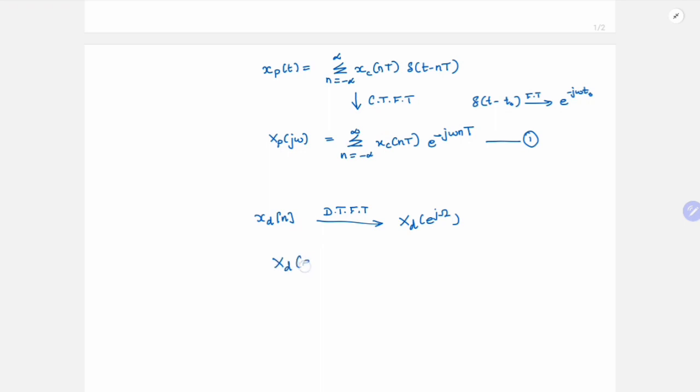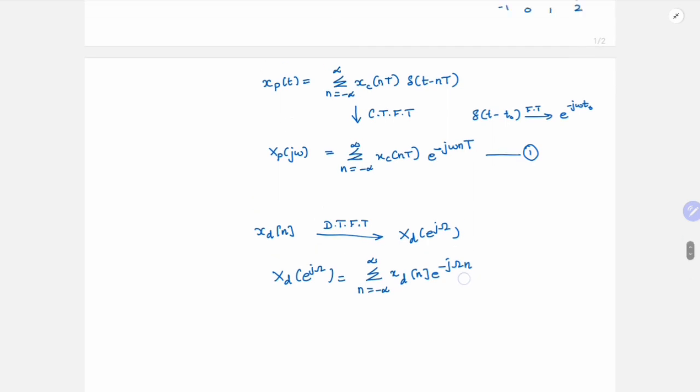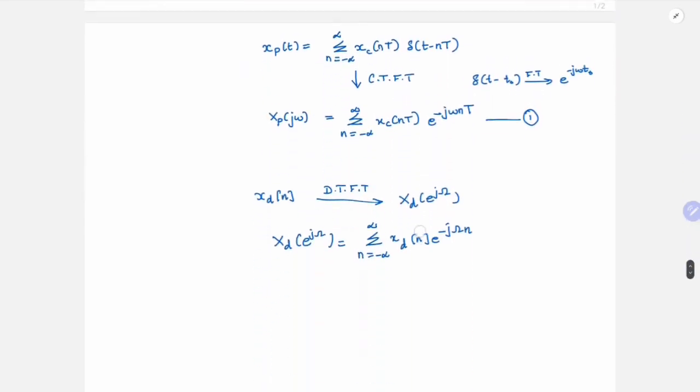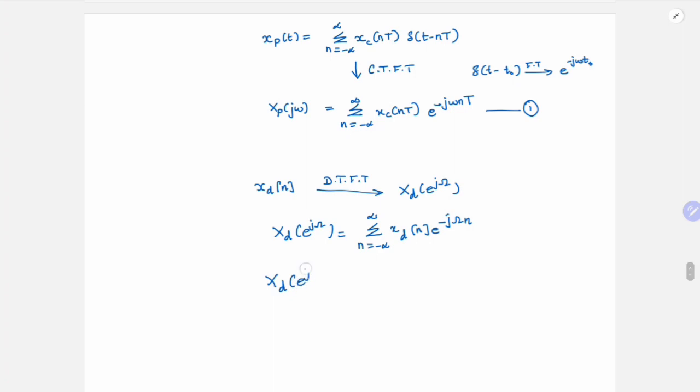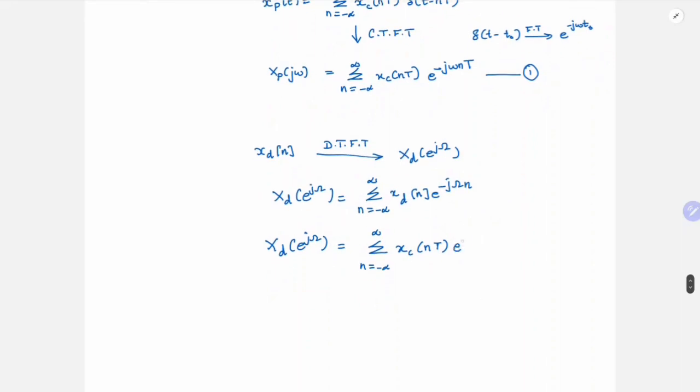So my xd of e power j omega in terms of xd of n, we have the discrete time Fourier transform formula as this: summation n equal to minus infinity to infinity xd of n e power minus j omega n. So now if my xd of n is nothing but xc of nT, right? I am going to substitute that here. So xd of e power j omega is equal to summation n equal to minus infinity to infinity xc of nT e power minus j omega n. So this I call equation 2.